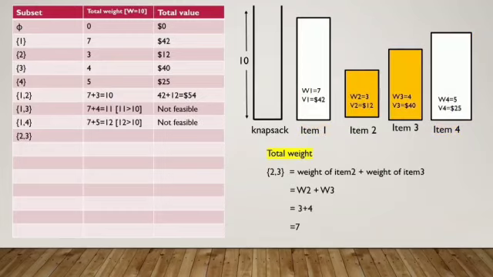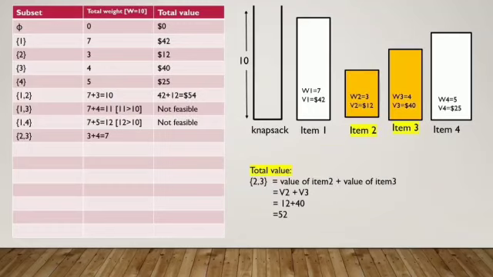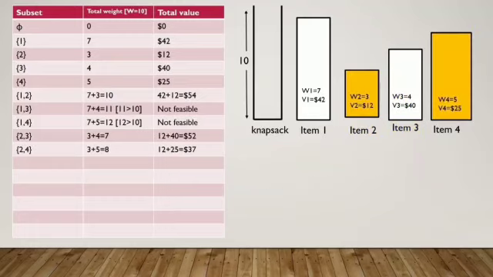For combination 2 and 3, the total weight is 3 plus 4, which is 7, which doesn't exceed the knapsack capacity, so the total value will be 12 plus 40, which is equal to 52. Similarly, for 2 and 4, the total weight will be 8 and the total value will be 37. For 3 and 4, the total weight will be 9 and the total value will be $65.